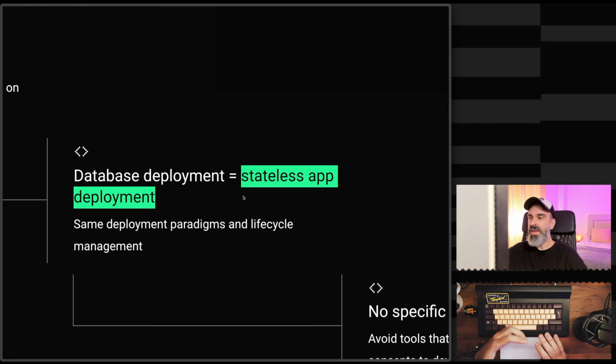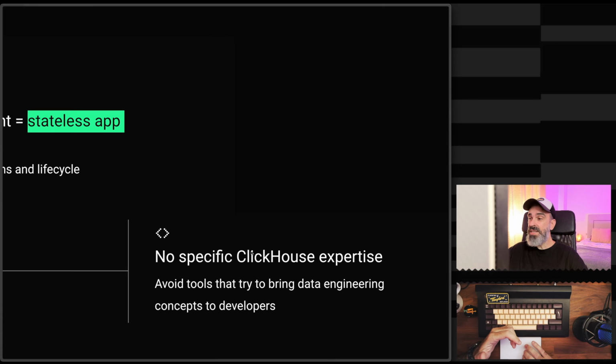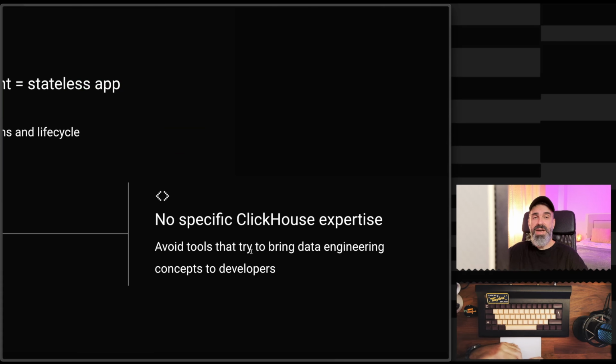It's another paradigm. The life cycle is completely different. And ideally, they are fine with SQL. They sometimes use abstractions on top of it. But what they don't expect is having specific ClickHouse expertise. It's fine that you learn about it, but ideally you want a more straightforward way to interact with your database. Okay.